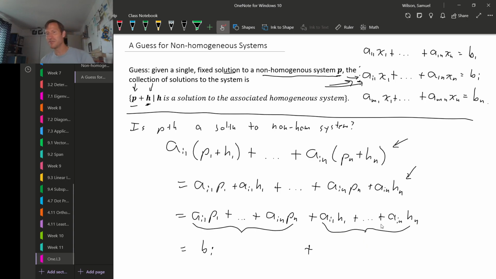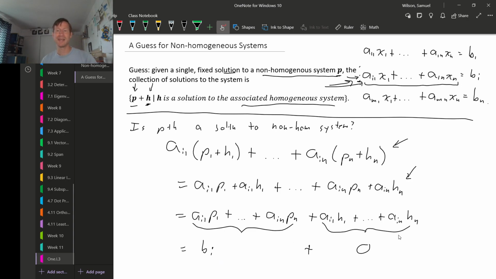All right, what about all of this big sum of h terms? Well, this big sum of h terms is just what we get for the left-hand side of this equation when we plug in the entries of h. So what is the right-hand side? Well, remember, h isn't a solution to the non-homogeneous system. h is a solution to the associated homogeneous system. So that means if you plug in the entries of h into this thing, you don't get b_i, you get 0.